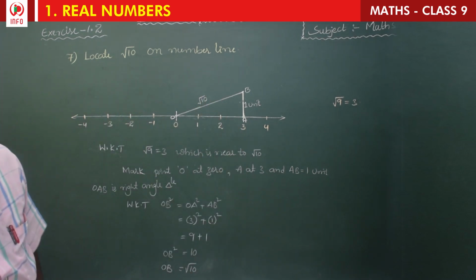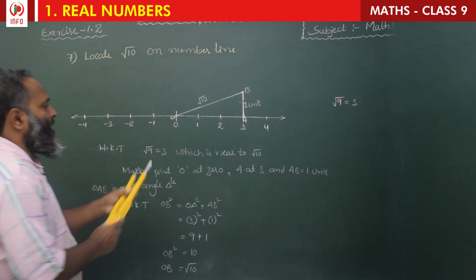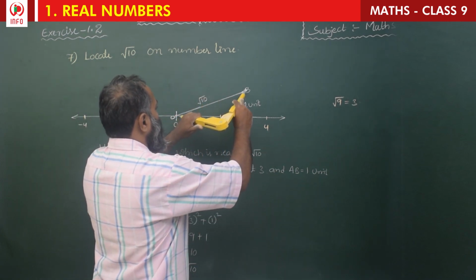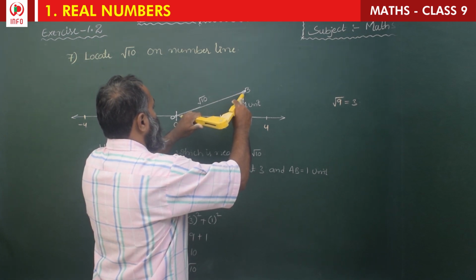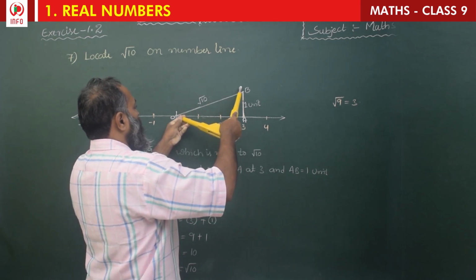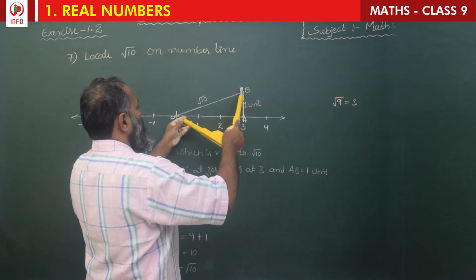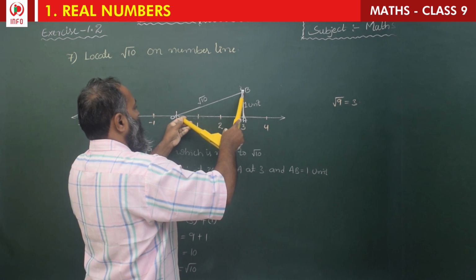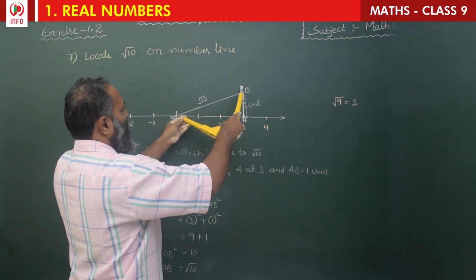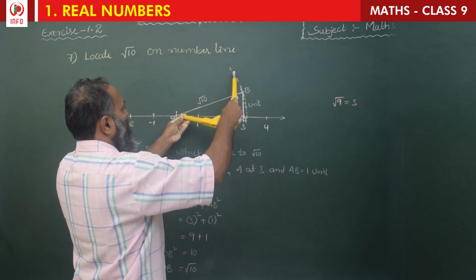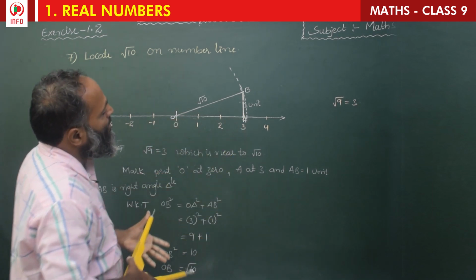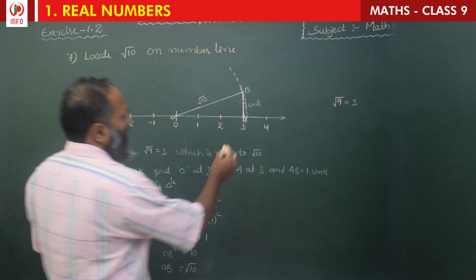Now, after that what should we do? With the help of a compass, with O as the center and OB as the radius, draw an arc which cuts the number line here.